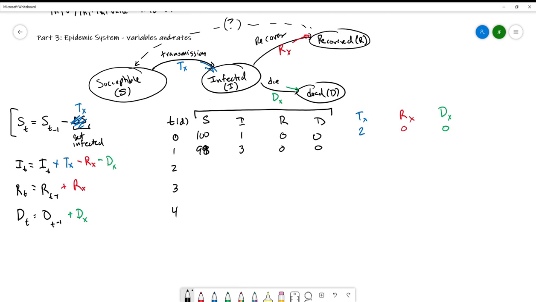But now since there are 3 infected people in a population of a total of 101 people, those 3 people may communicate the disease to others. And so maybe they communicate it to 5 other people.